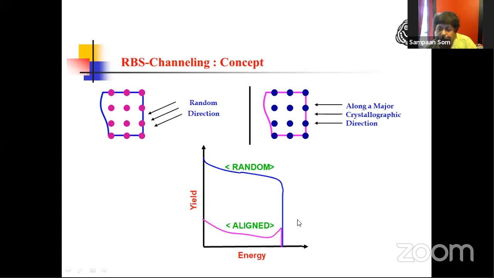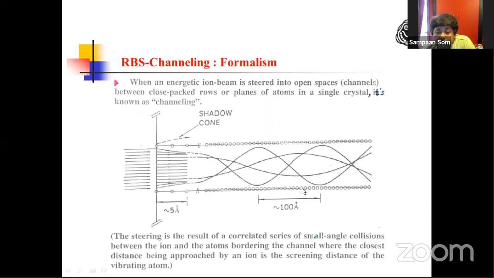You can go back to the next one. They sit at the surface and create a shadow cone for the next set of atoms, okay? As a whole, the ions oscillate like this due to a series of small angle collisions, which appear due to the high degree of properly aligned atomic positions in the lattice, okay?